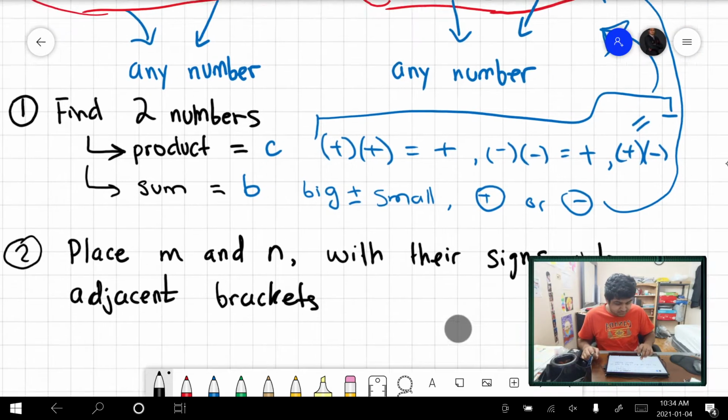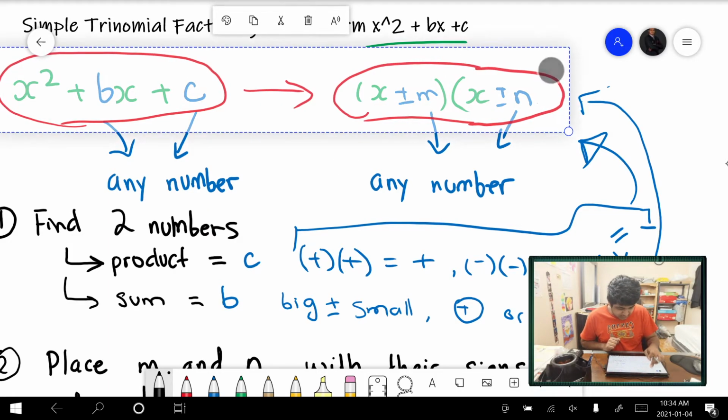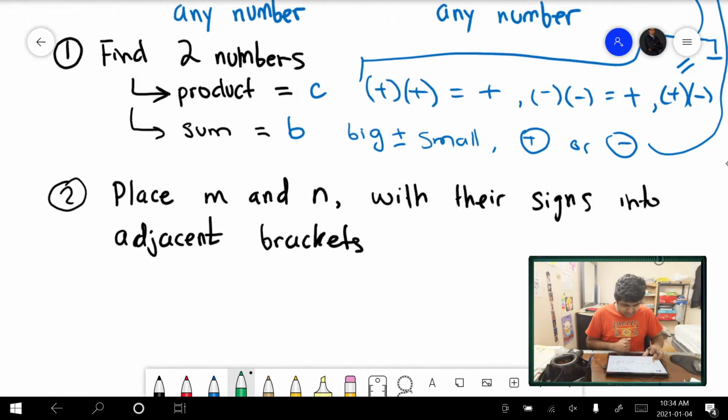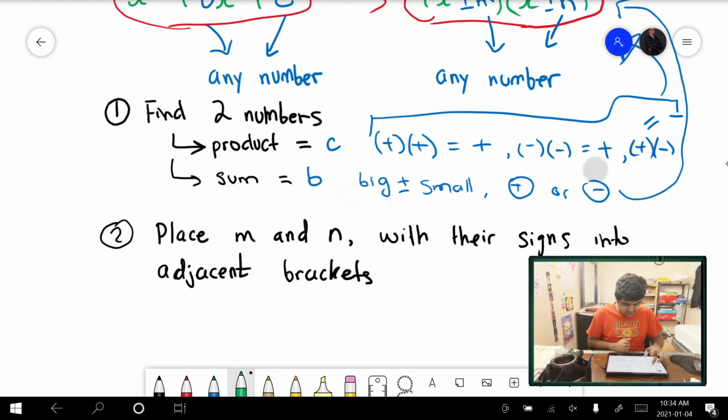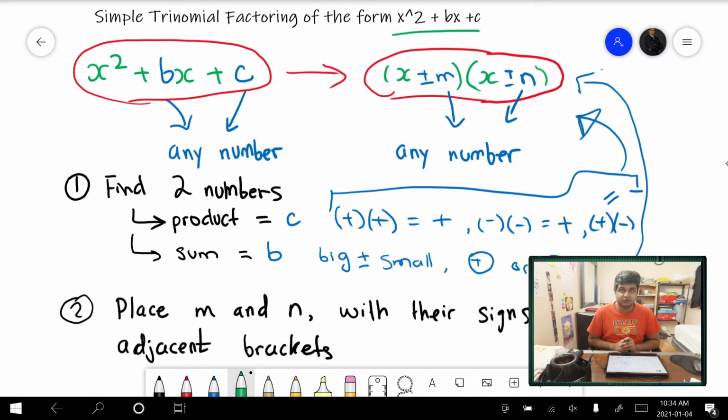Remember, we talked about this concept of having m and n, and a setup that looks like x plus or minus m and x plus or minus n. We're going to have to actually build that. So these are the two steps that we're always going to need to use when we're trying to conduct our simple trinomial factoring.